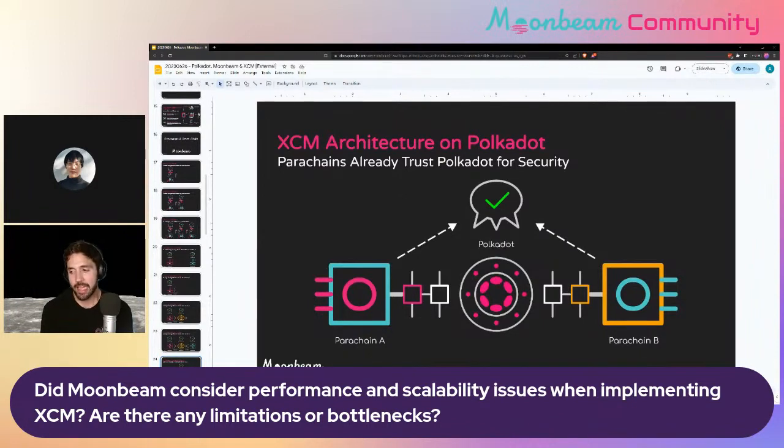So we have asynchronous backing. This will probably allow us to expand the capability of Moonbeam by 4x or even more, like 8x. And remember that, like I said before, compared to other blockchains like Ethereum, where you only have Ethereum and that's it, on Moonbeam you have multiple components, which is Moonbeam and Polkadot, separate blockchains working together.